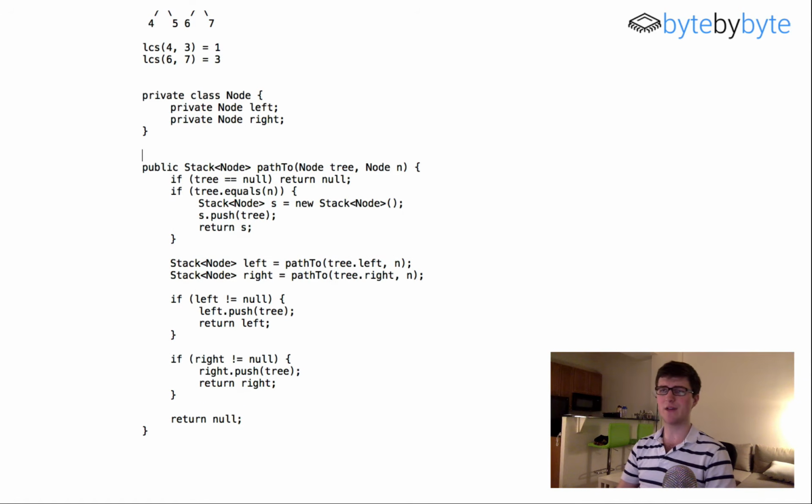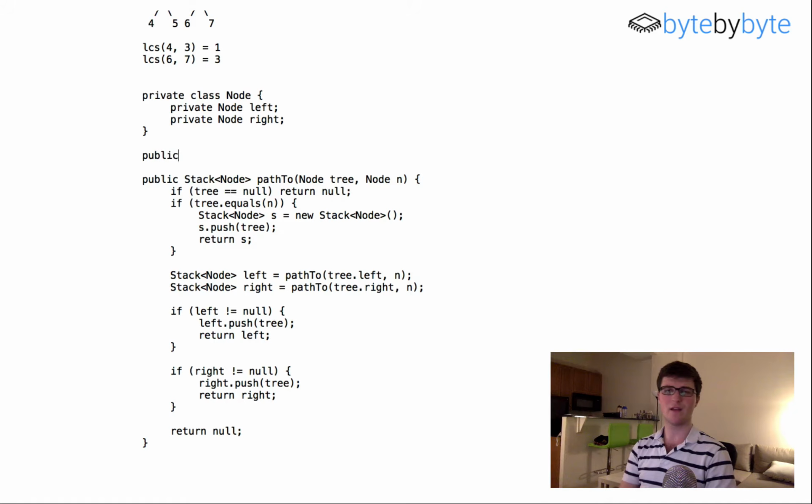And now I'm going to implement our actual function that's going to find the lowest common ancestor. So I'm going to say node, and then lowest common ancestor. And it's going to take in a node tree, a node n1, and a node n2.